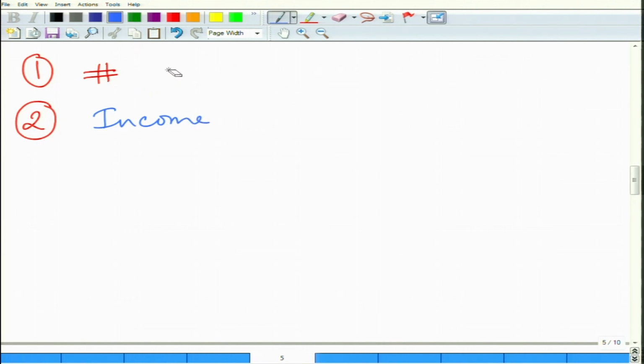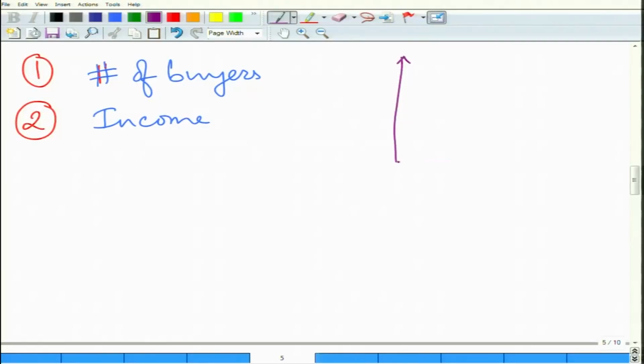In terms of number of buyers, given the price, when my number of buyers increases, the price remaining the same, then the demand for that particular commodity increases.